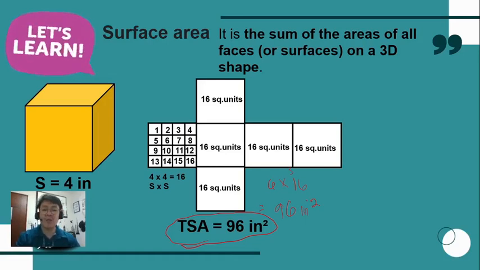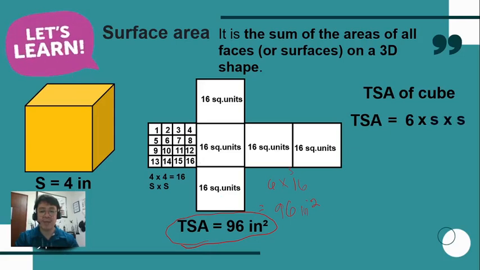Or we can follow the formula for getting the surface area of a cube. TSA, or total surface area of a cube, is equal to 6, since when we open up the cube it has 6 faces, times, how do we get the area of a square? Side times side, so s times s. Or we can also write it as 6s squared.